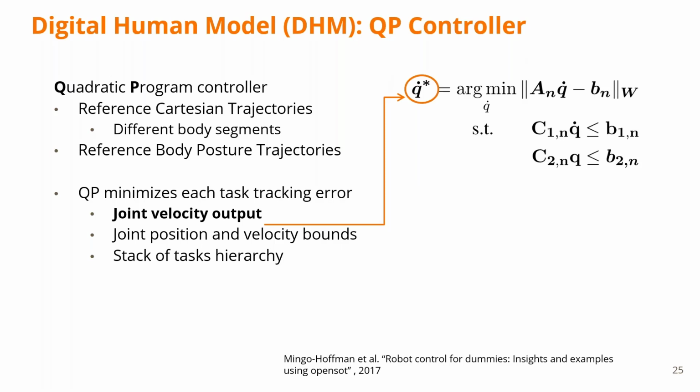The whole body motion of the DHM is actually controlled using a quadratic program controller. The program receives reference inputs regarding Cartesian and postural trajectories for different tasks for the entire whole body. Then it calculates the joint velocities that minimize the tracking error of those tasks.